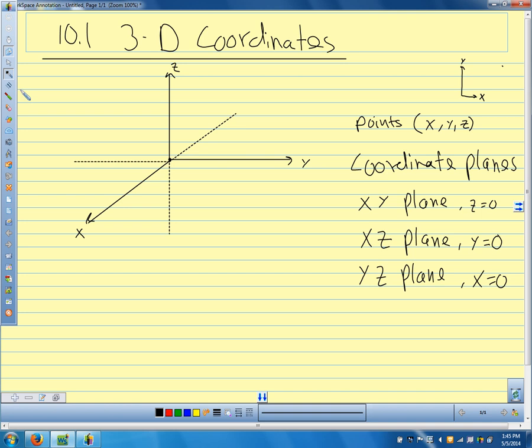So we end up with, rather than 4 quadrants that we had in the xy plane, 8 octants. Our planes divide space into 8 octants. The first octant is where x, y, and z are all positive.